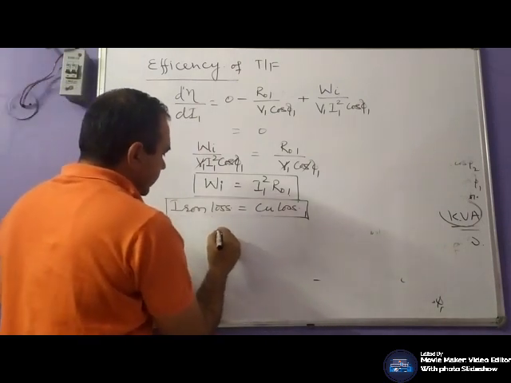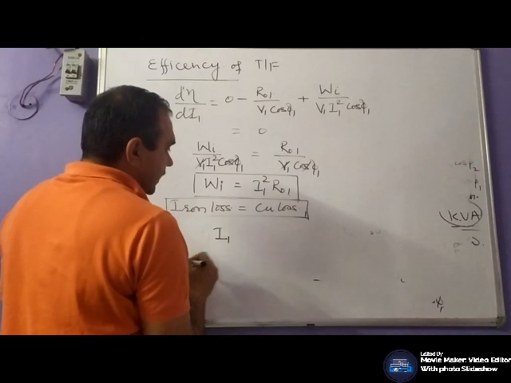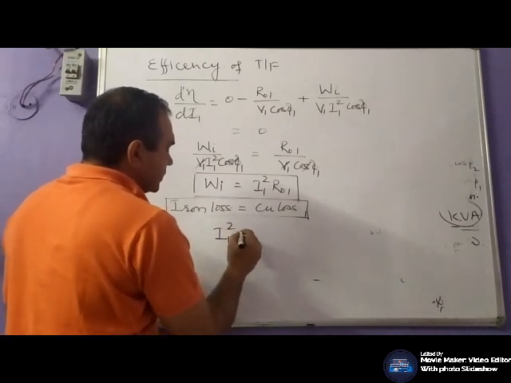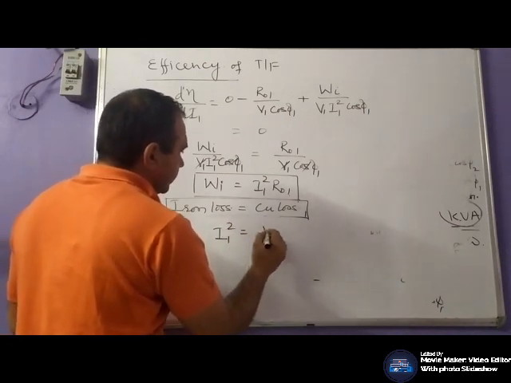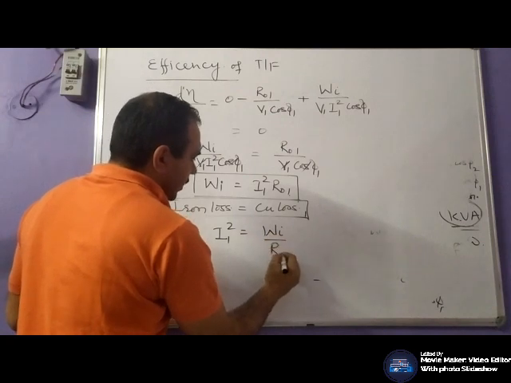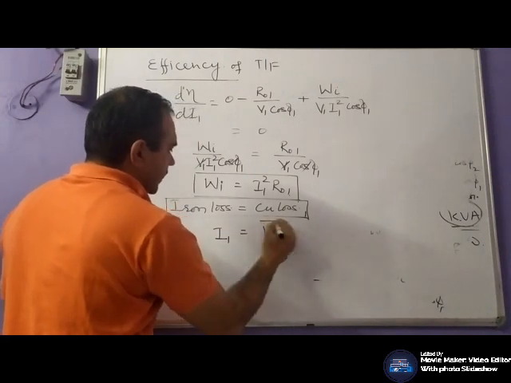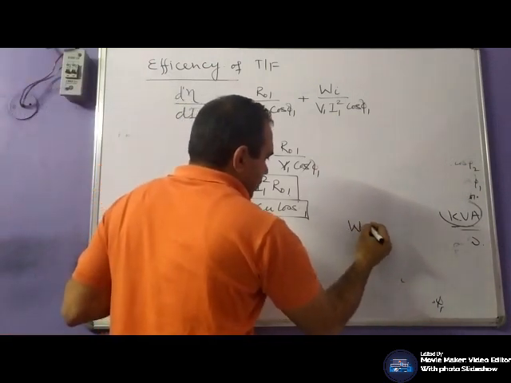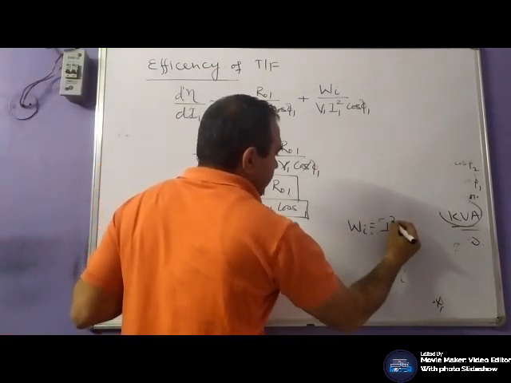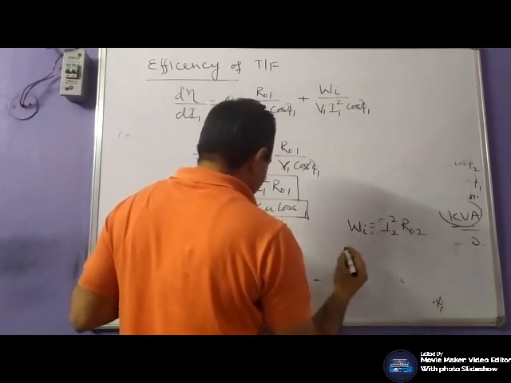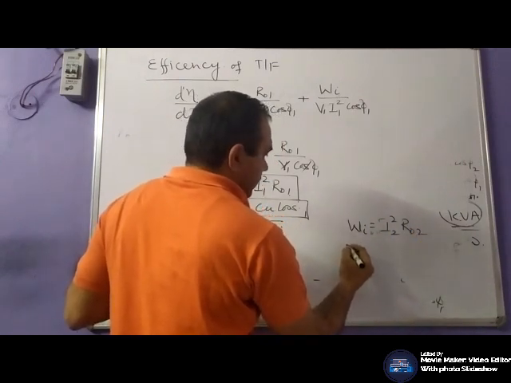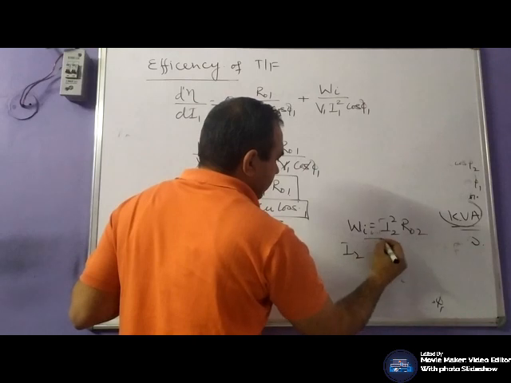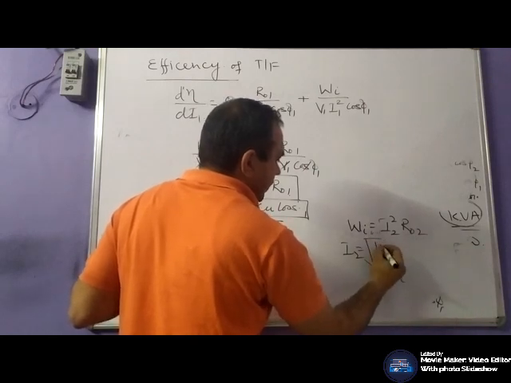Maximum current would be, or the current at which the efficiency would be maximum, I1 square R naught 1, or Wi should be I2 square R naught 2, and I2 should be the current at which efficiency would be maximum.